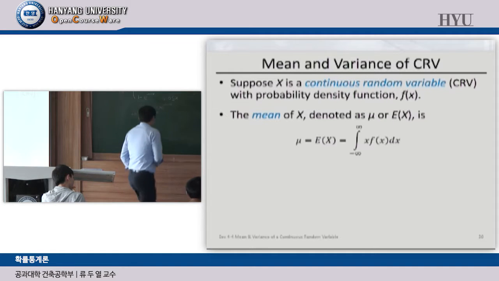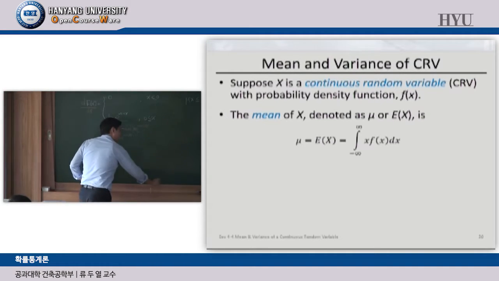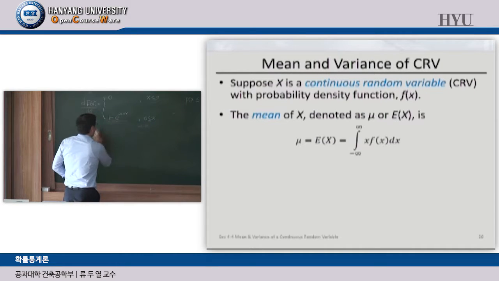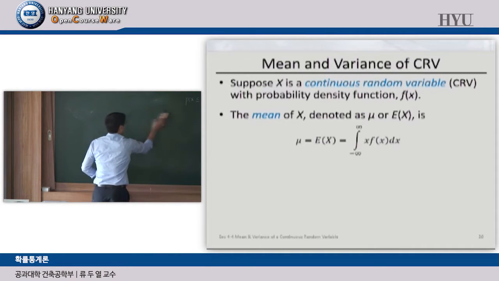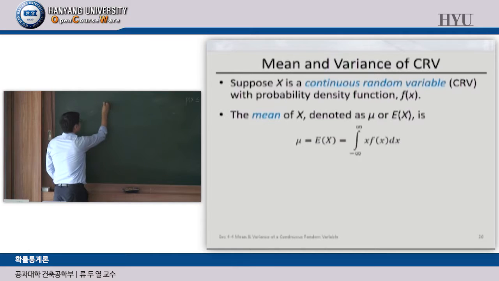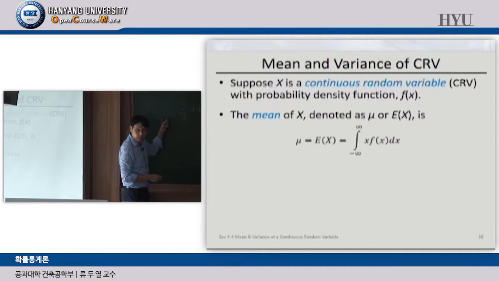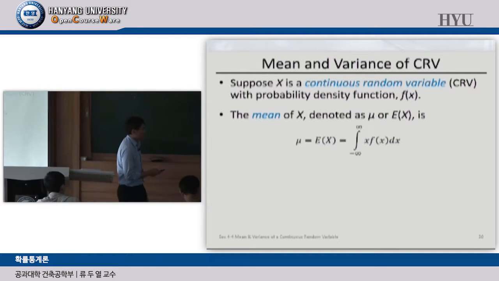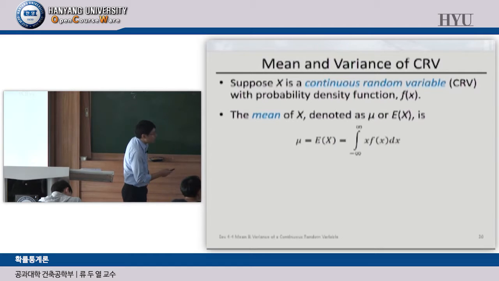Okay? So for the case of a discrete random variable, what was the mean? The mean was the summation of x multiplied by f(x), right? That was the mean for the discrete random variable case. And as you can see, what was the difference between the discrete and the continuous random variables? That was just substituting the summation with the integration. Okay?